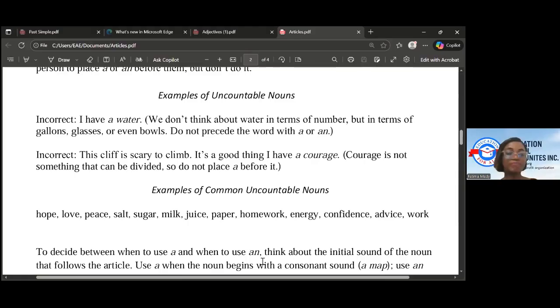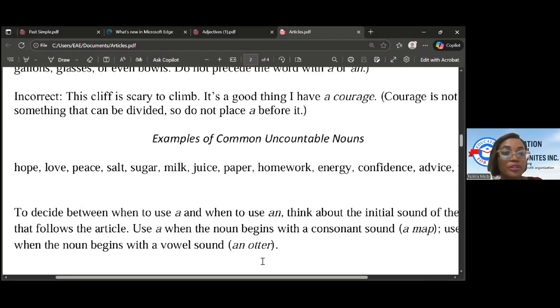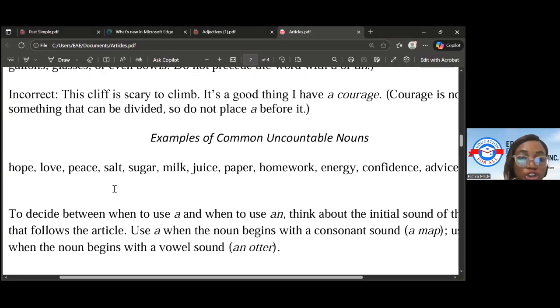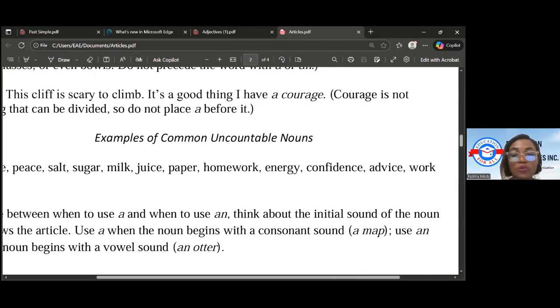But I think at this level, you should just know that you can't really use articles for uncountable nouns. Here are some examples we have: hope, love, peace, salt, sugar, milk, juice, paper, homework, energy, confidence, advice, and work.